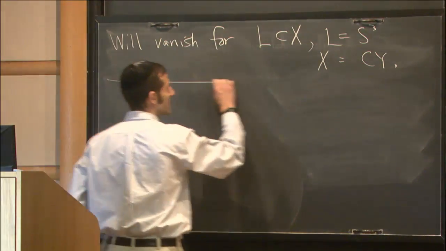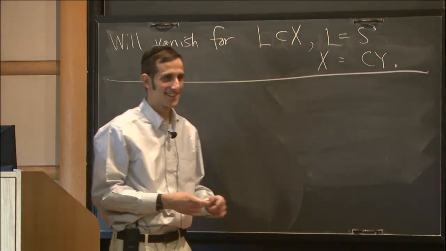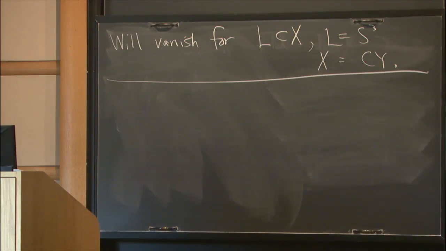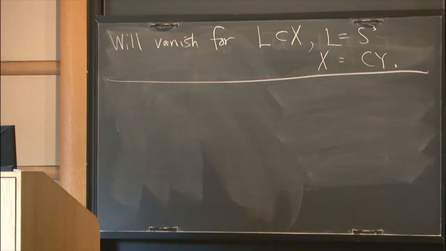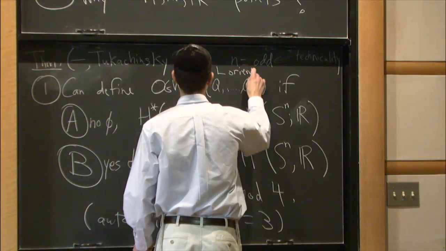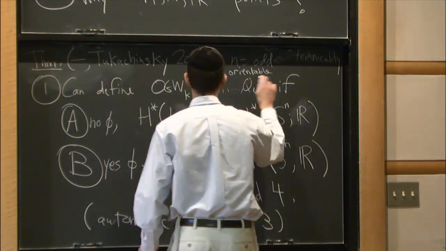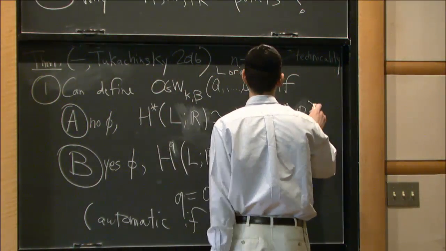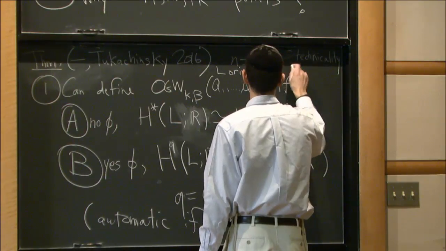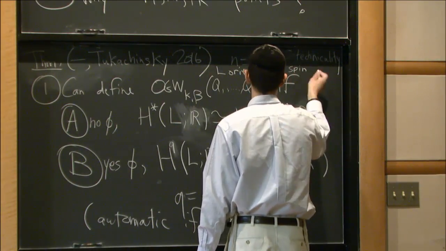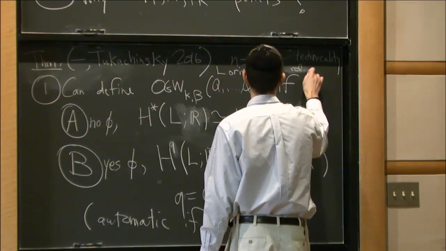By the way, under B, when you say automatic, is it automatic that the Lagrangian is orientable? Sorry, I should have said that L is orientable in this theorem. I forgot that sometimes it's not, and spin or relative spin is enough.